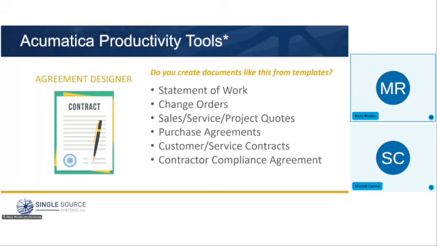These records might be a statement of work, a quote, a sales order, a project. They could be contracts or a contractor compliance agreement. In addition to the text within these sections, you can also embed data directly in the document that's stored in Acumatica. We're curious to know, does your company have a requirement for any of these use cases?